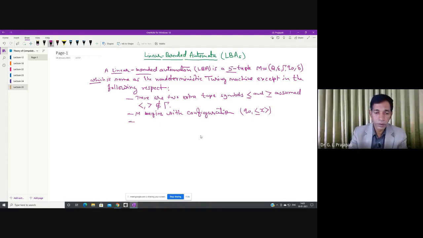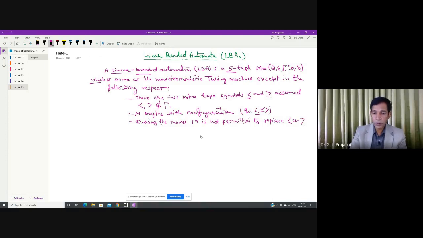During the moves, M is not permitted to replace the symbol left angular bracket or the symbol right angular bracket.